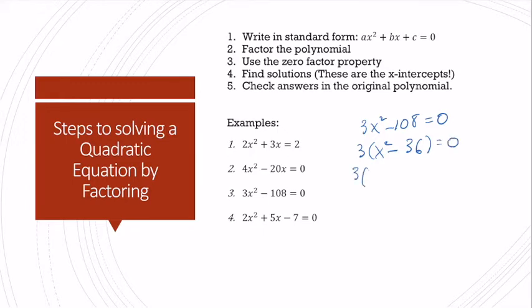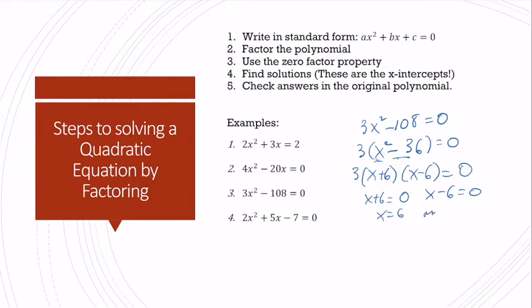That means I'm going to have 3 times x plus 6 times x minus 6, right? Because this is the difference of perfect squares. If you need to review factoring, feel free to go back and watch those chapter R videos. I think it was section 5 that covered factoring. So now I can set each of these terms equal to 0. I have x plus 6 equals 0 and x minus 6 equals 0.